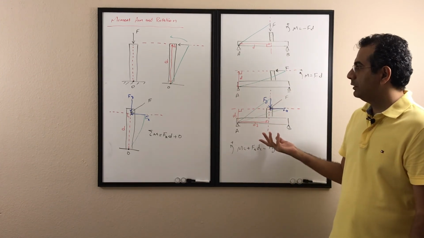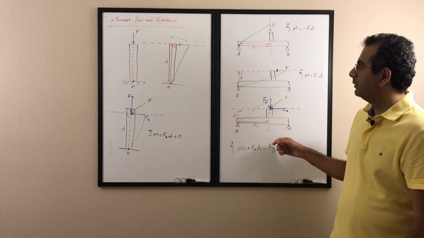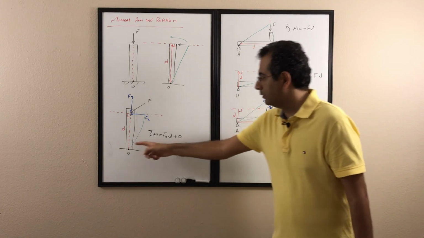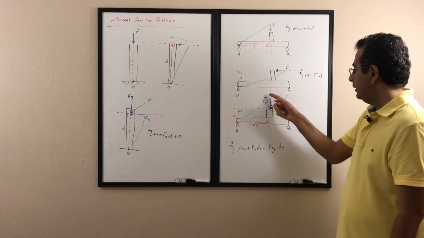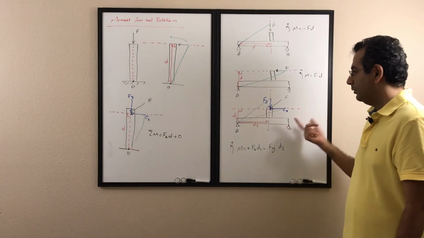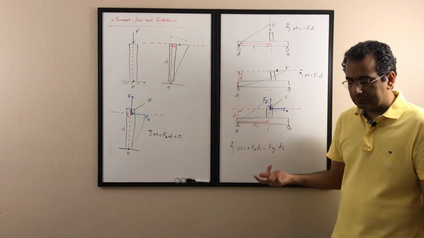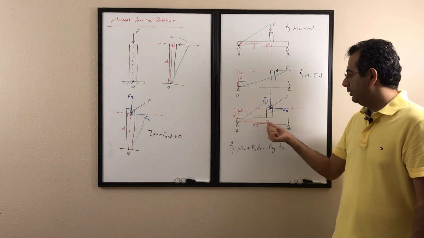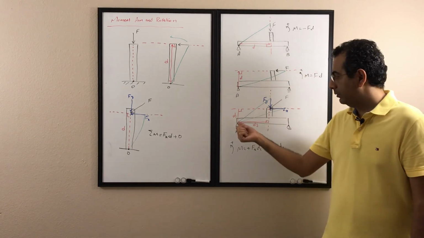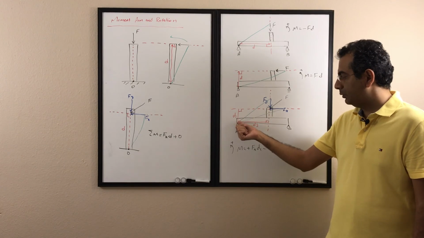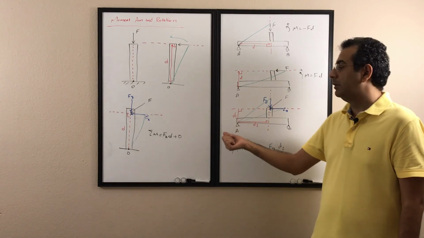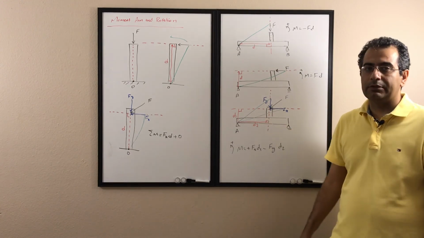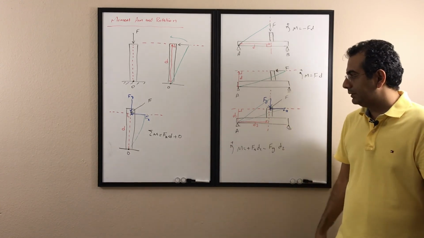Sometimes your force is in a location where you can draw the line right to the force, and sometimes it's away, so you have to draw the line of action. Always draw the line from the point to that line of action, and make sure it's perpendicular to it. That's going to be your distance.